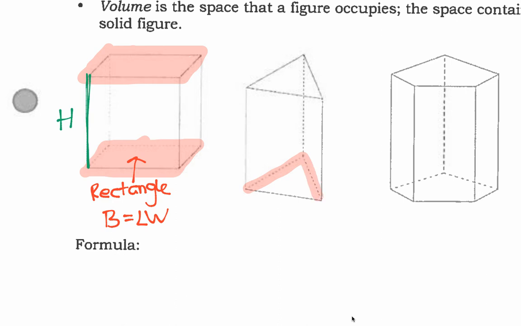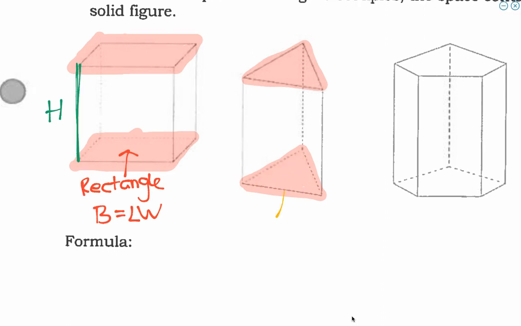Here our base is a triangle. So the area of the base is the base of the triangle times the height of the triangle divided by 2.